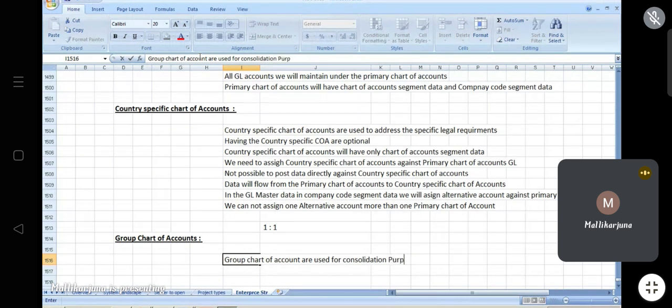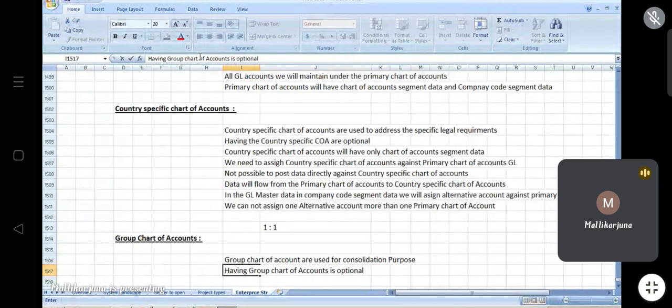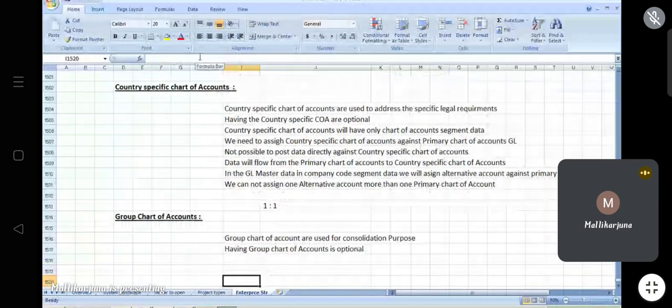Having a group chart of accounts is also optional. Unless the business wants to prepare consolidated financial statements, it is not required.